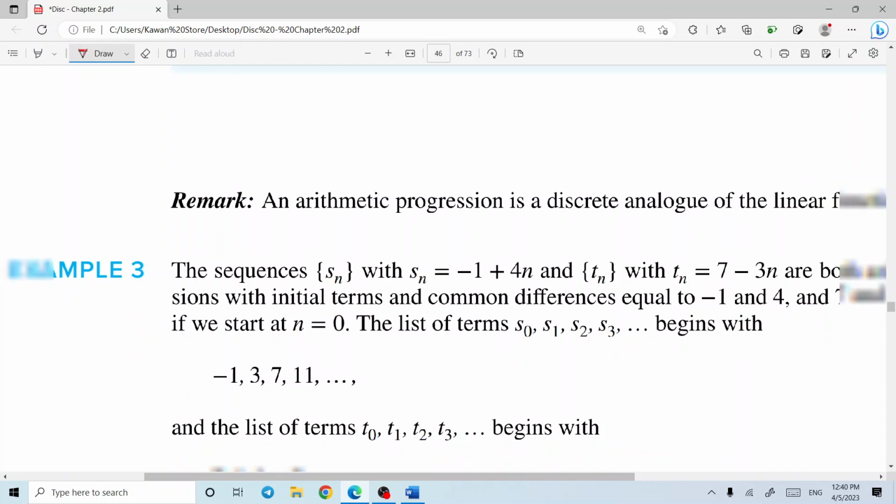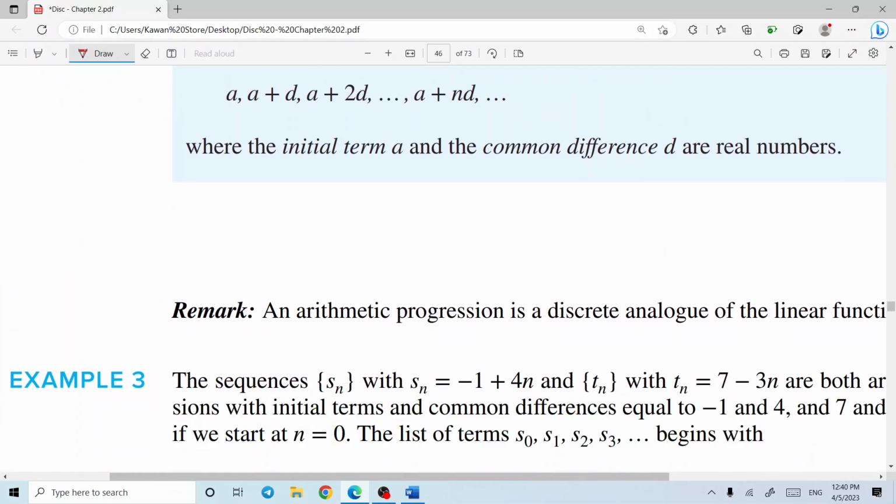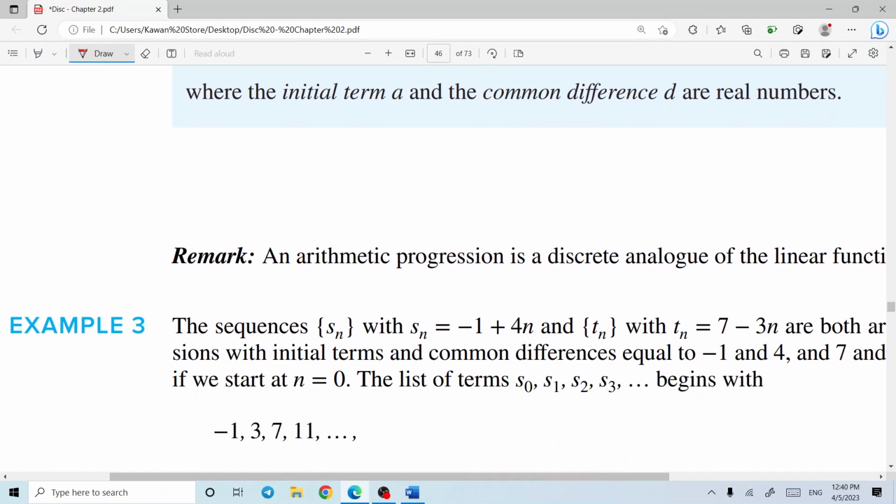Generally speaking, we can use something called recursion. Let me just find it for you. We have s_n and t_n. Then sometimes we say s_n plus t_n. So how do we do that? It's easy. First, try to find the terms of s_n and expand it.